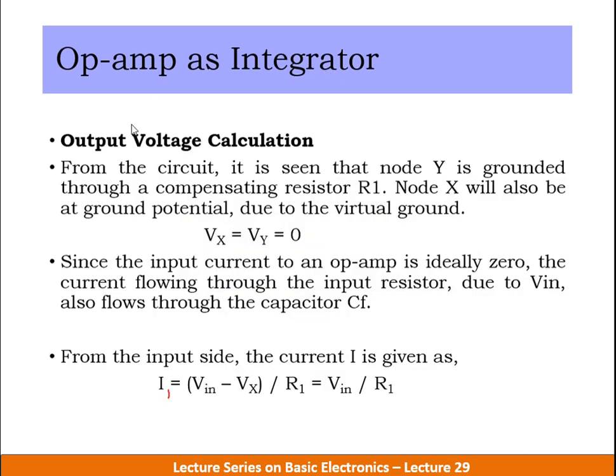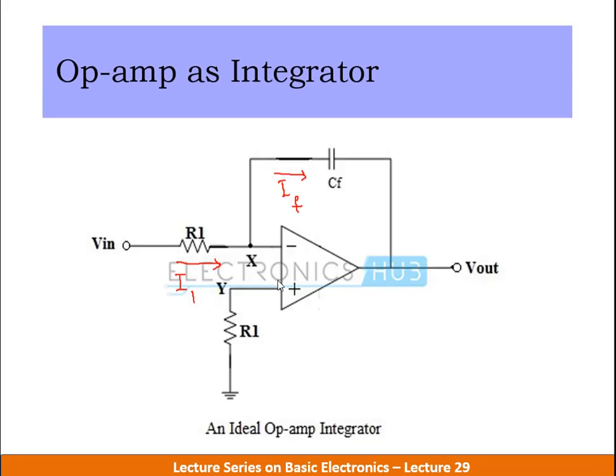So now let us go for the output voltage calculation. With the help of this circuit diagram, we know that as the non-inverting terminal is connected to the ground, the voltage at node Y becomes equal to 0. We are assuming an ideal op-amp condition. So Ri is infinite, so no current can flow via the op-amp.